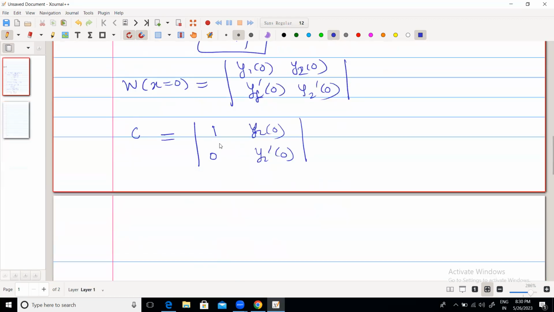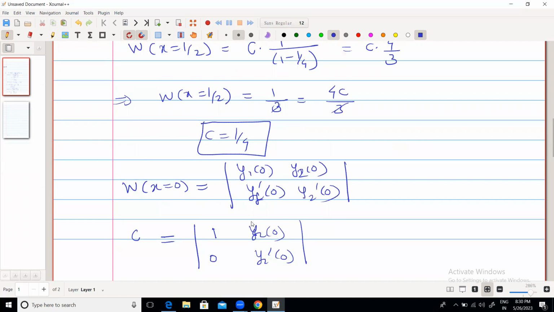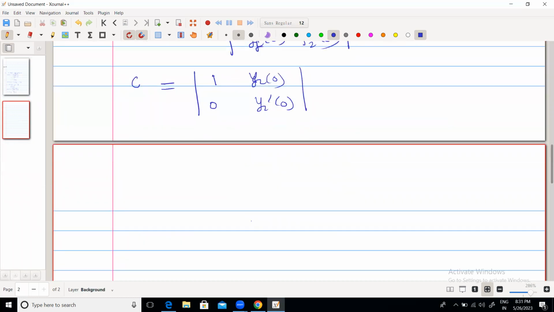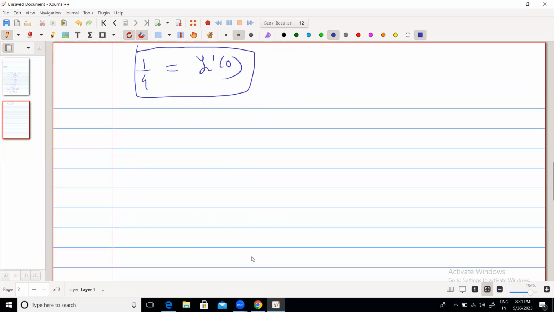But we have found the value of c. It is 1 by 4. So 1 by 4 is equal to y2 dash of 0. Okay, समजते? So the first option in the given question is the correct one. Okay, 1 by 4. y2 dash of 0 is 1 by 4.